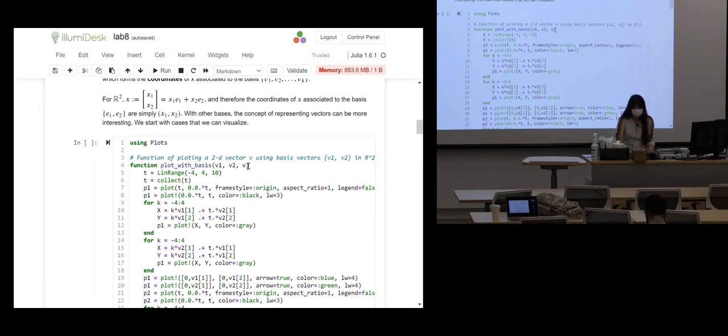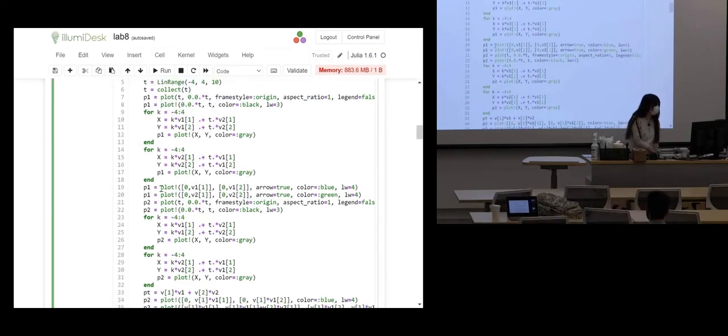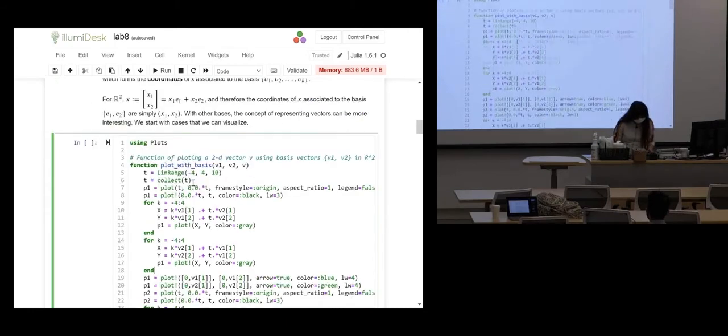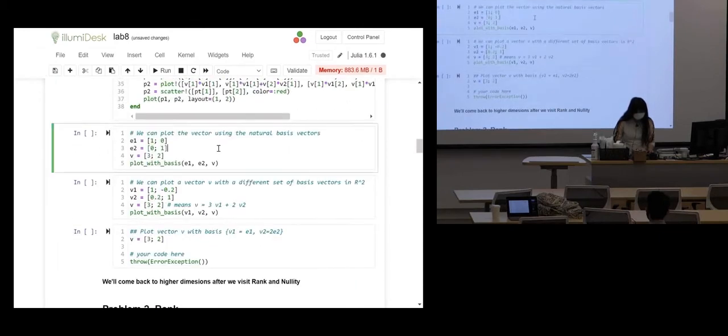Then you give a vector V, and it will plot the vector V. Okay, so we can run this cell first, and let's see the first example.